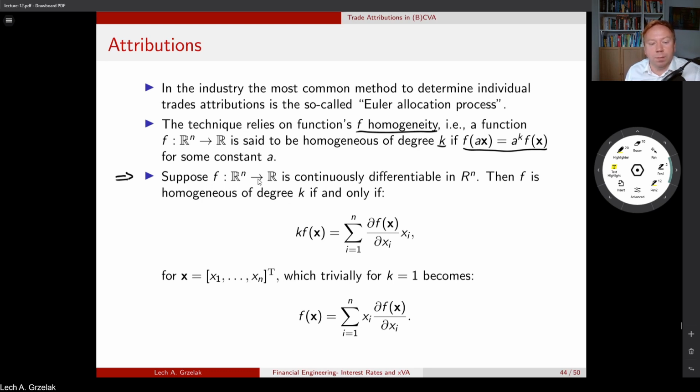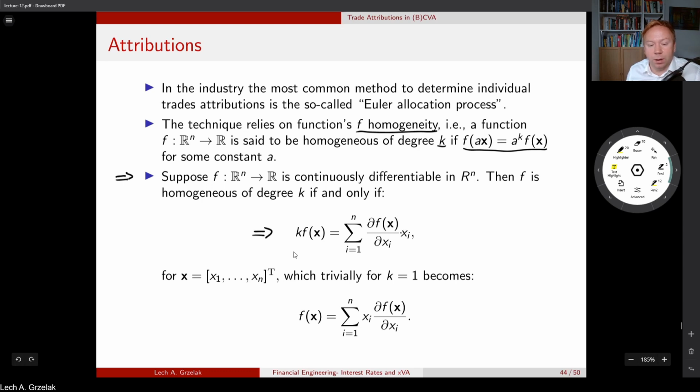So we use the following method. Suppose function f is continuously differentiable in R^n, then f is homogeneous of degree k if and only if the following holds: k times f of x is equal to the summation, over all the elements of vector x, of the derivative of this function with respect to each individual element of this vector, times x_i.